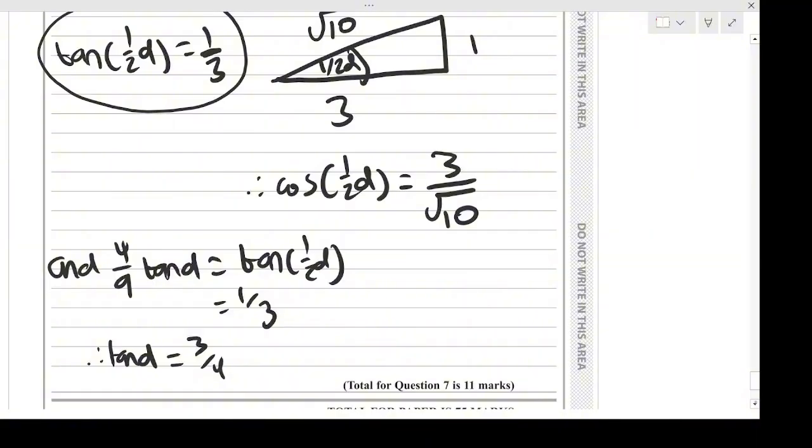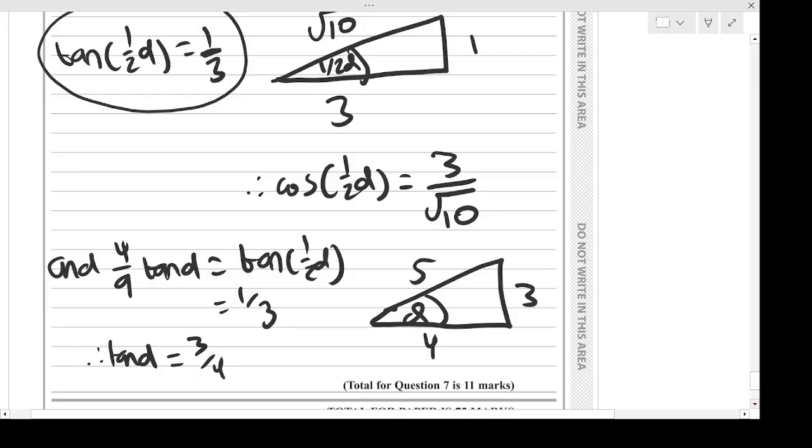And then we can do the same sort of triangle, right? So we have alpha now, and the opposite length is 3 and the adjacent is 4. So Pythagoras tells me it's going to be 25, so root 25, which is 5, for my hypotenuse there.